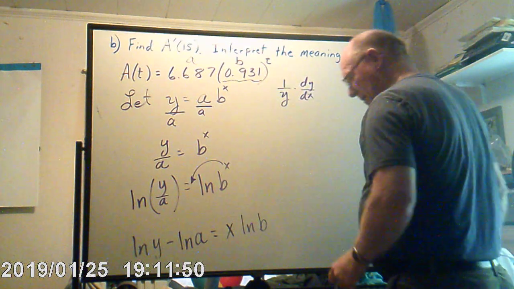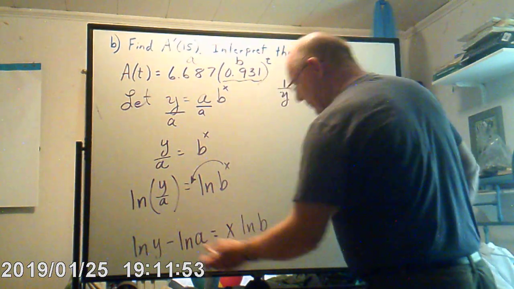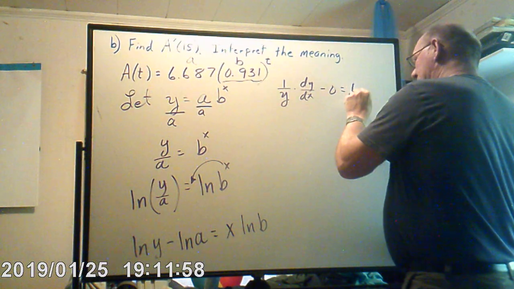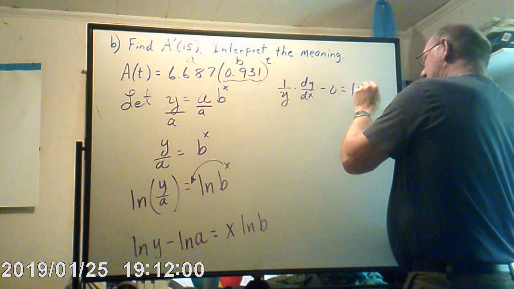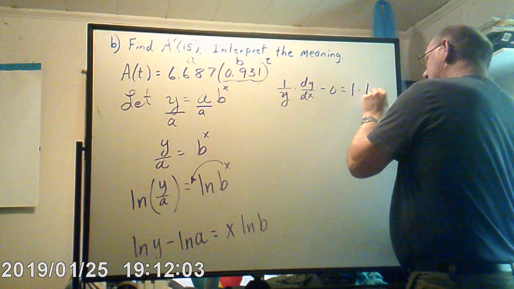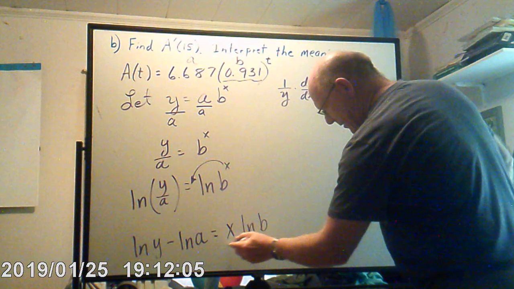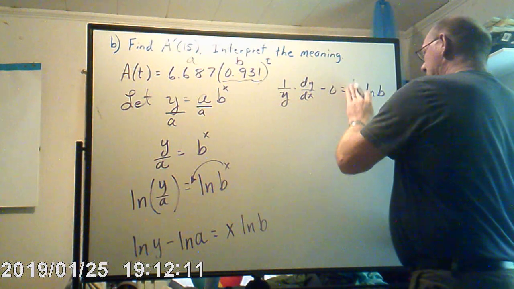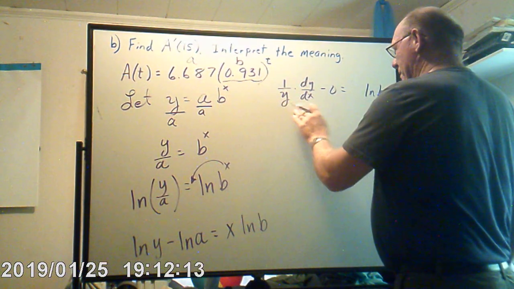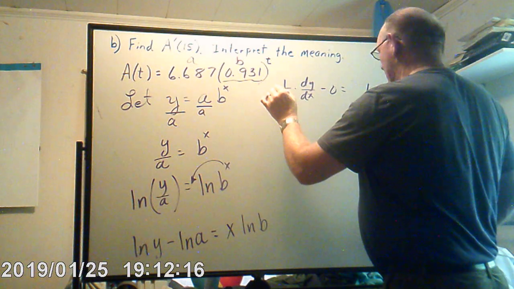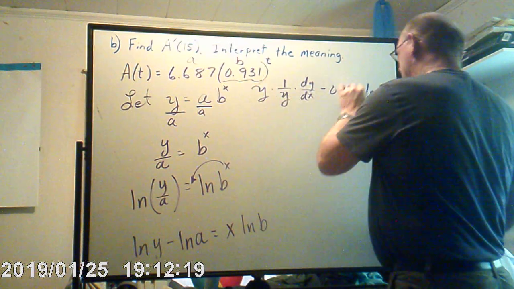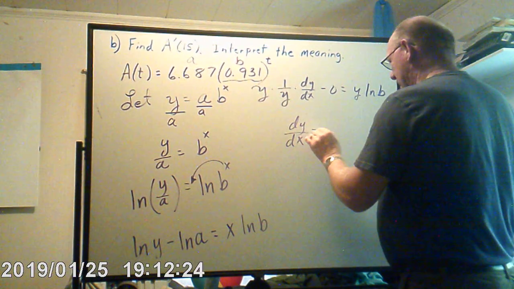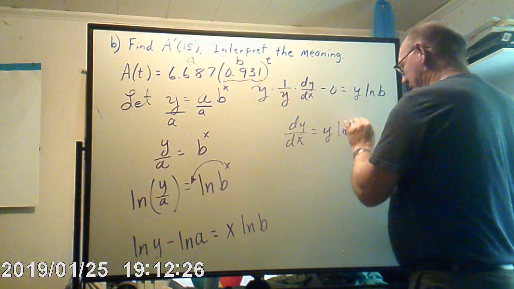The derivative of ln of A is 0, and the derivative of X is 1, so it's just 1 times ln of B, which is just ln of B. I don't need the 1 here. I'm going to solve for dy over dx by multiplying both sides by Y. So dy over dx is equal to Y ln of B.